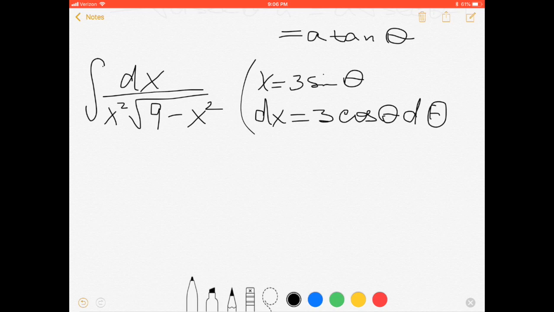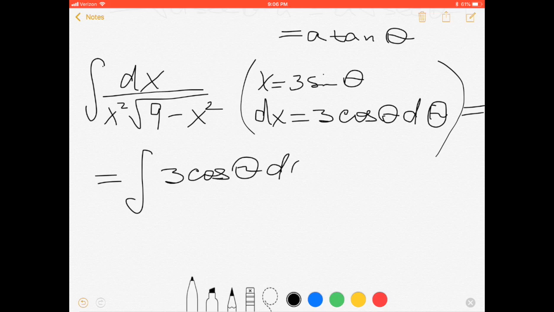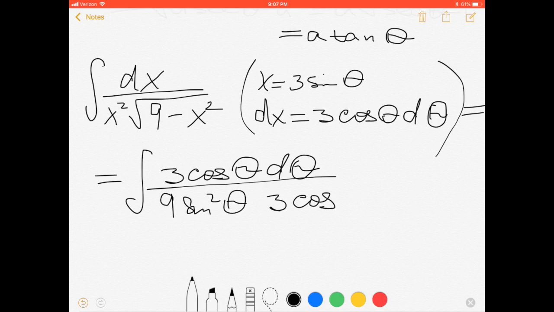Using this fact, we plug in, and first we have 3 cosine theta d theta. Here x squared gives us 9 sine square theta. The root we have is 3 cosine theta. We can cancel it.